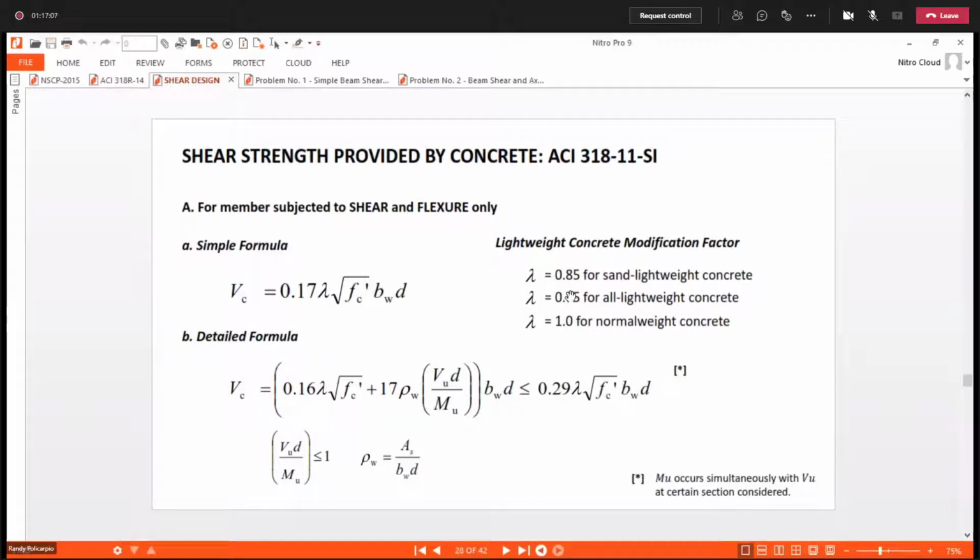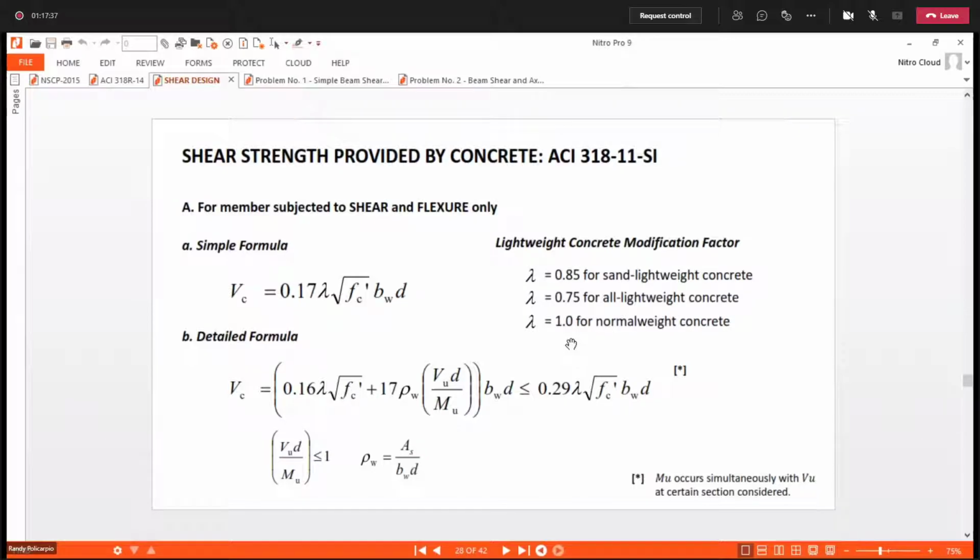For shear and flexure, when your beam has both flexure and shear, these are the formulas you can use: a simple formula and a detailed formula. Our lambda here is 0.85 for sand lightweight concrete, 0.75 for lightweight concrete, and 1.0 for normal weight concrete.